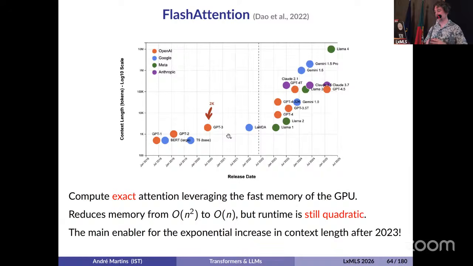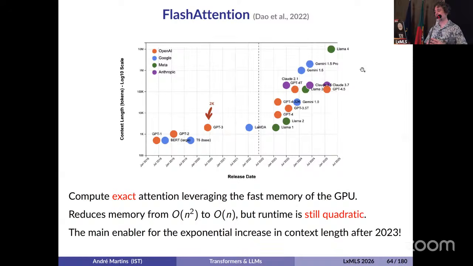A bit less, a bit more, but we didn't progress much from 2K tokens, which for today's standards is nothing, right? 2000 tokens is very small. And then something happened, and there was an exponential increase. This is in log scale, by the way. Llama 4, for example, supports 10 million tokens. So there is a big jump from 2K to 10 million.